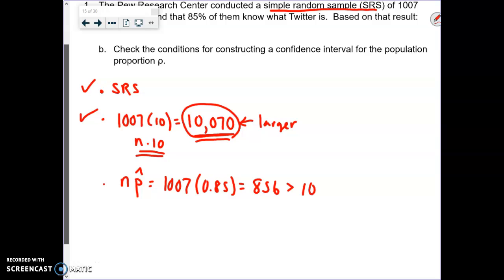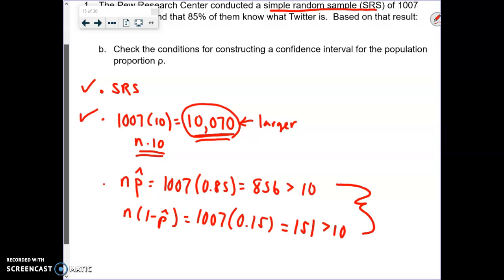You do the same thing for n times 1 minus p hat, the complement of p hat. That's 1,007 times 0.15. How did I get that? I just take 1 minus 0.85. That gives us 151, which is also larger than 10. So this condition tells us we have an approximately normal, bell-shaped distribution.